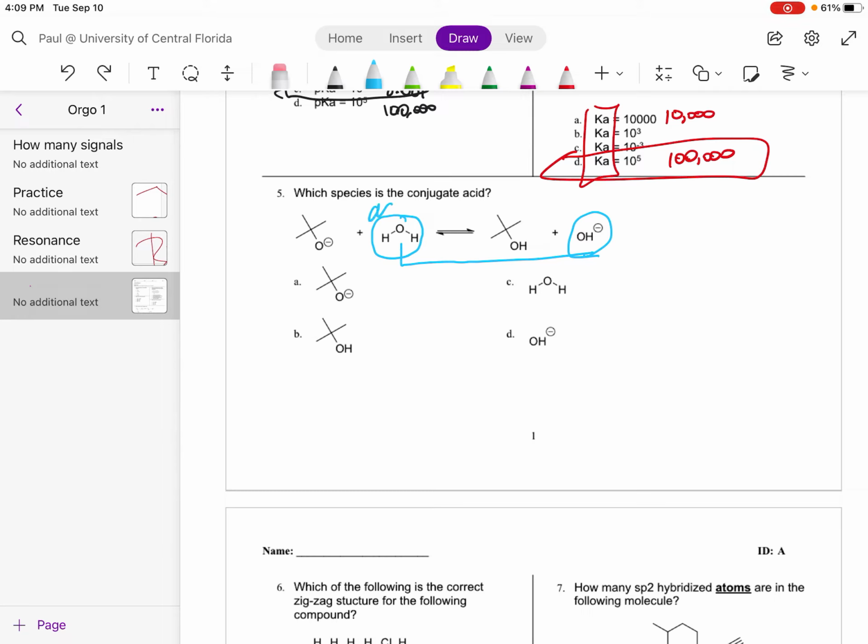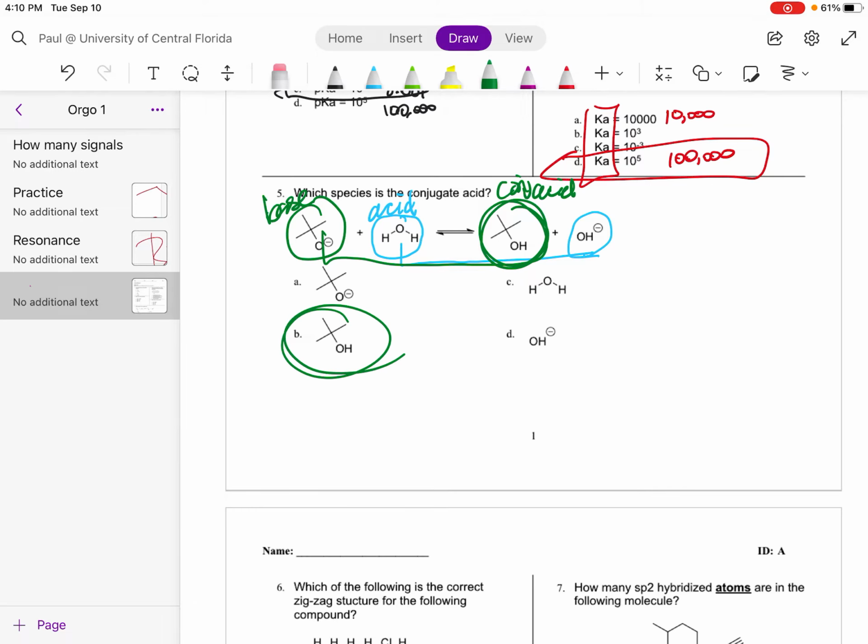So that by definition makes that an acid. But is it a conjugate acid? Nope, it's just the acid. This right here is the base, and that gets converted into the alcohol. And so that would be the conjugate acid. So the conjugate acid would be answer B.